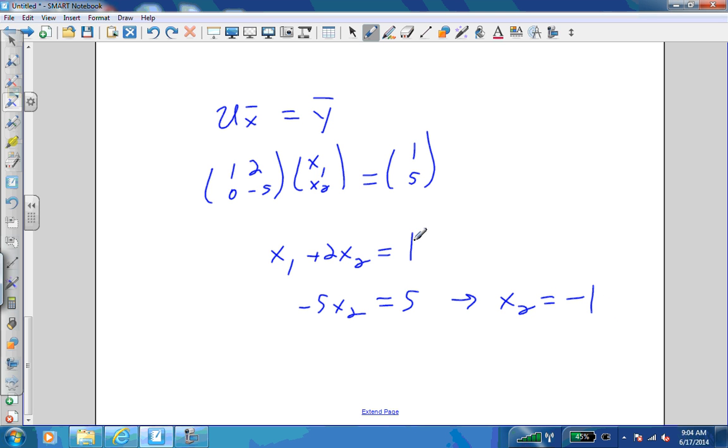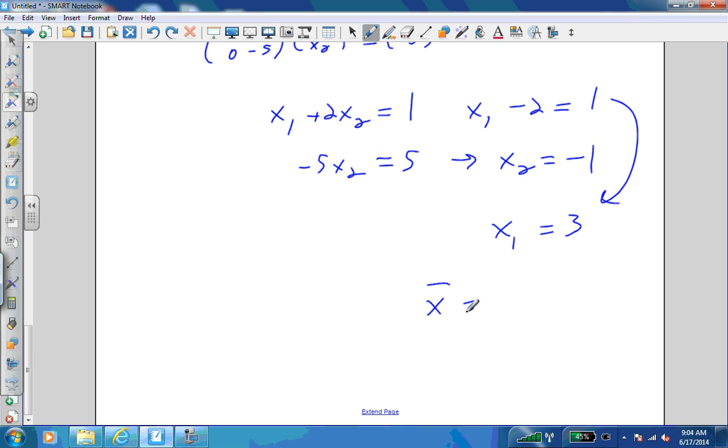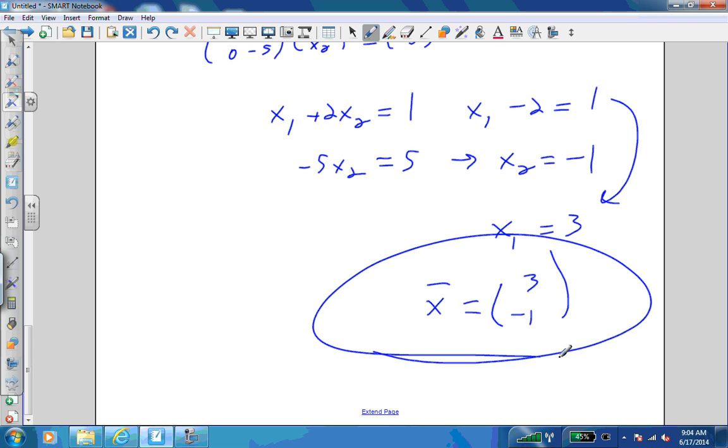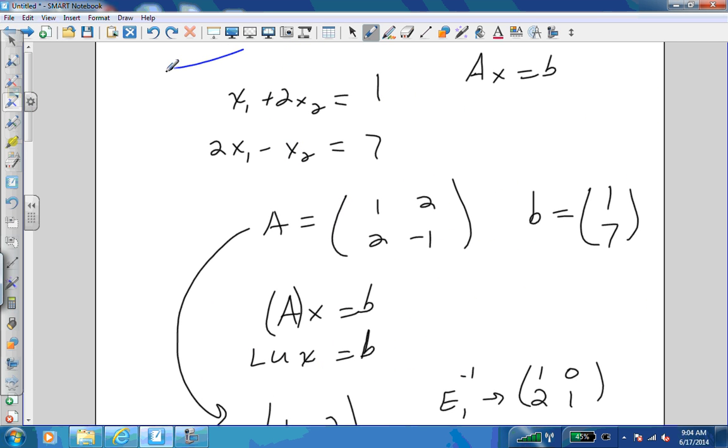We can substitute back in x sub 1, 2 times minus 1, so minus 2 equals 1. So x sub 1, therefore, is 3. So x is 3, negative 1, which is what we were looking for. We were looking for what values of x satisfied our system of equations.